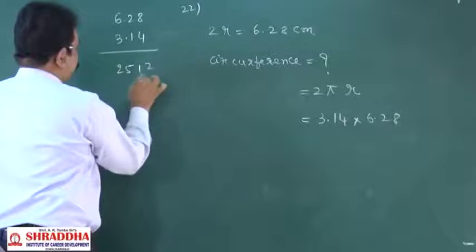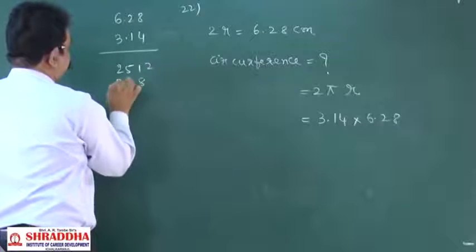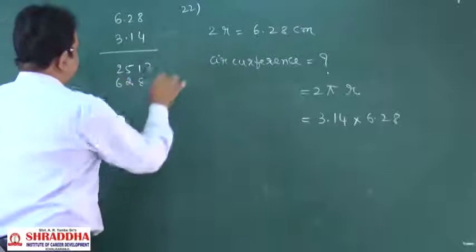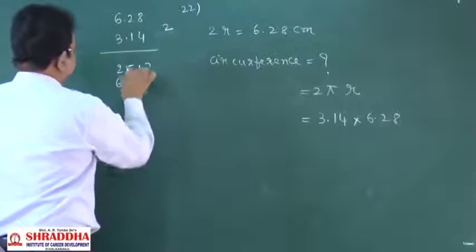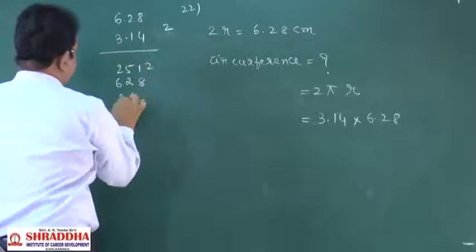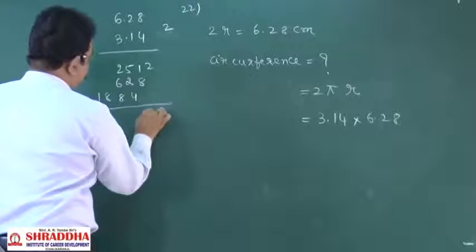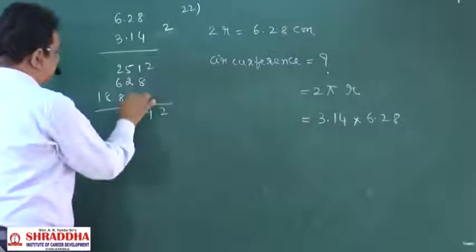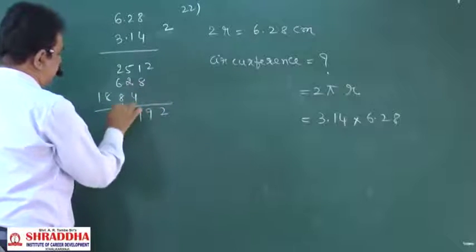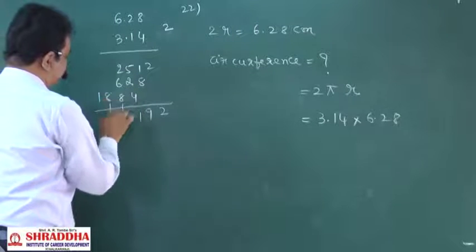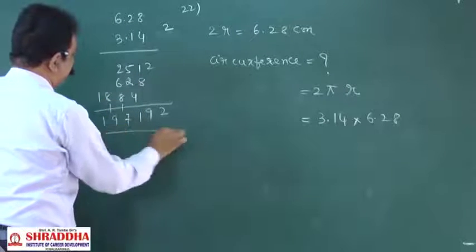Next 8 2 6. 3 8s 24, 3 2 6 2 8, 3 6 18, 2 9, 7 4 11, 9 6 15 2 17, 1 9.